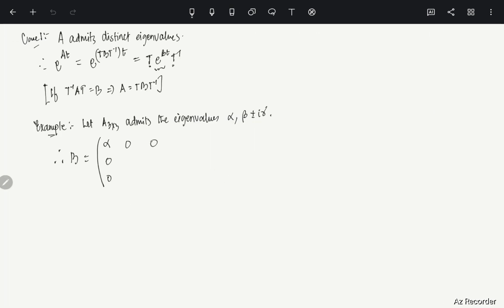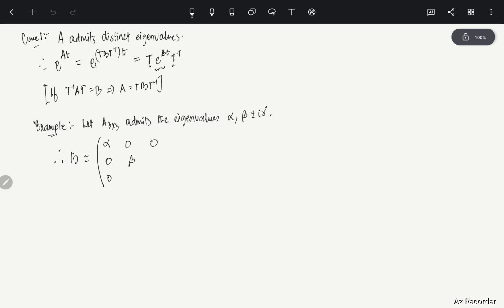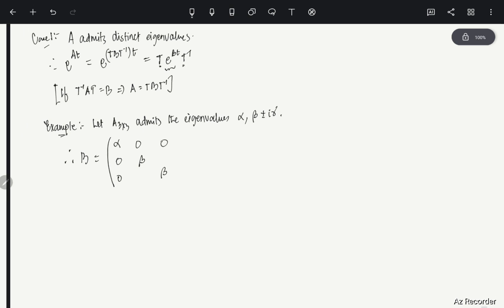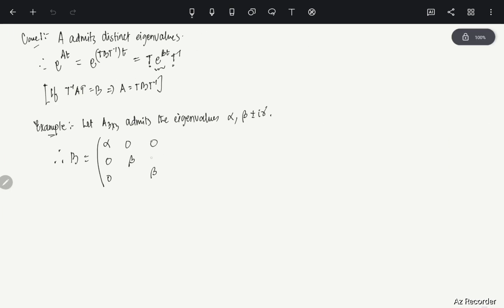Sorry, this is beta gamma, then minus gamma beta. This is going to happen. Is this clear? I hope this is clear.